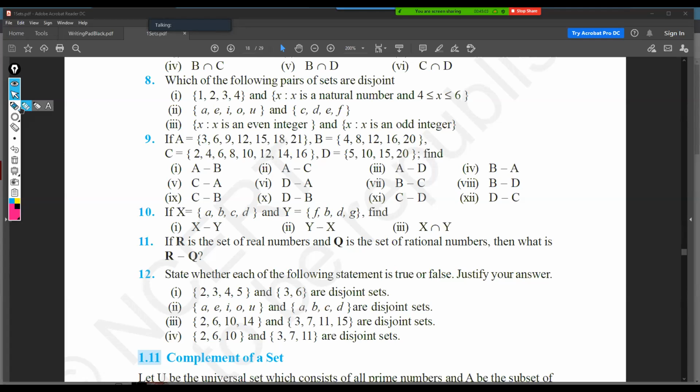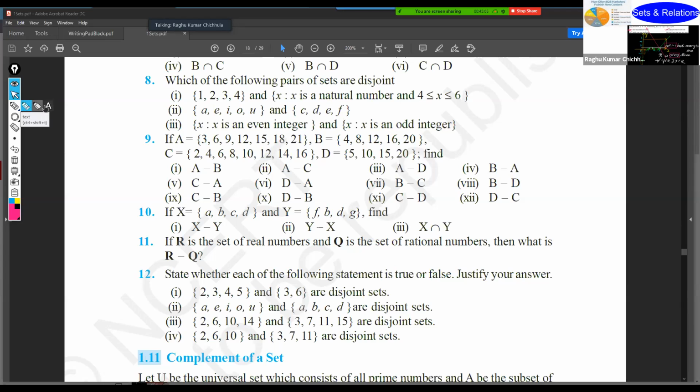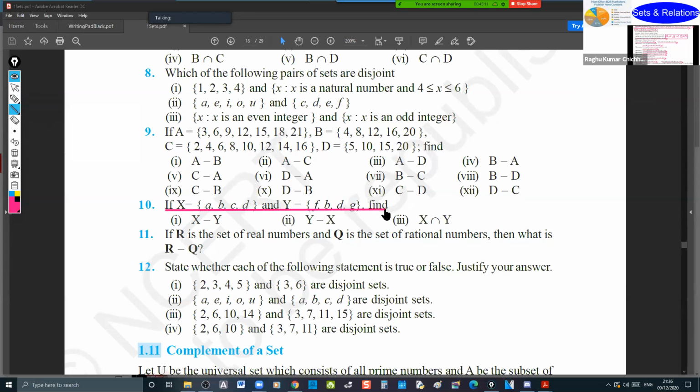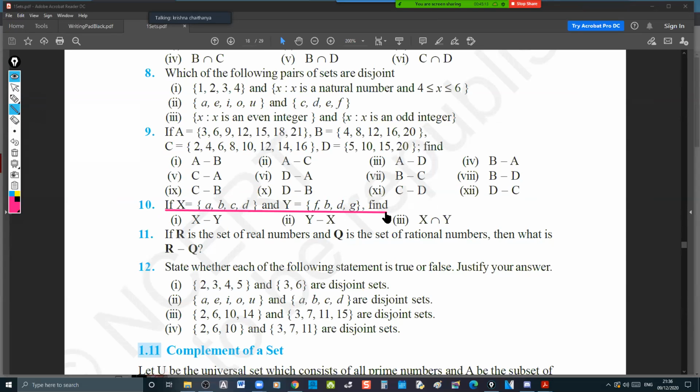Coming to the 10th, please. D minus B is also 5, 10, and 50.